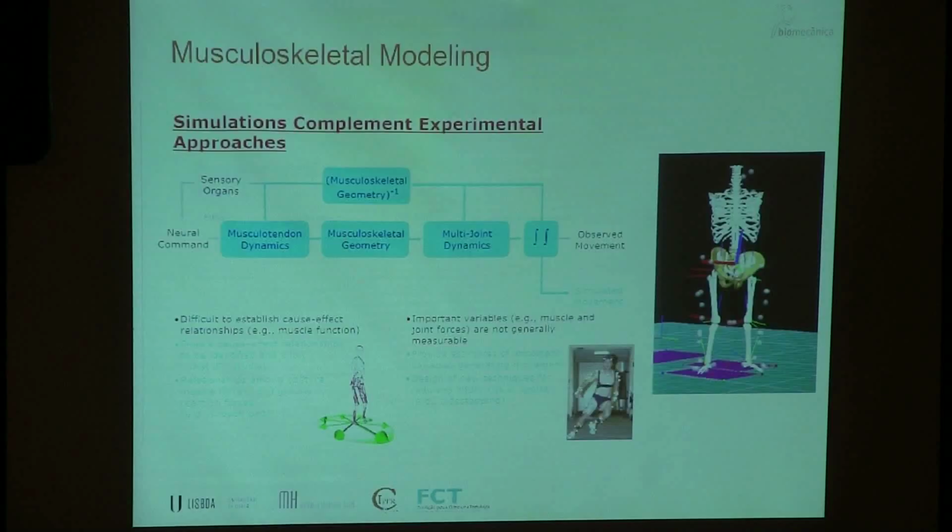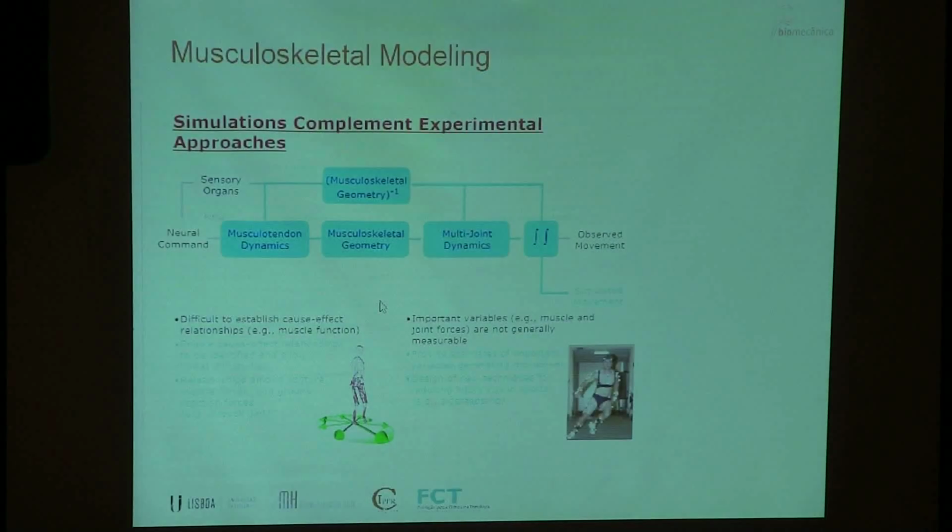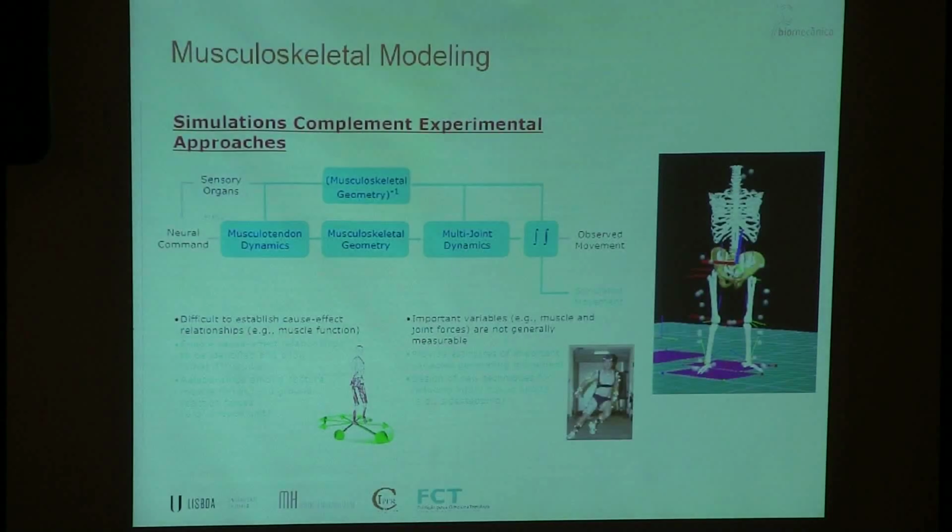We have to estimate or use some kind of activation system that usually is based on a sound physiological rationale, like minimizing tension or minimizing expenditure of energy, to find the best solution for the muscles to develop the force that is necessary to perform the movement that we observed.